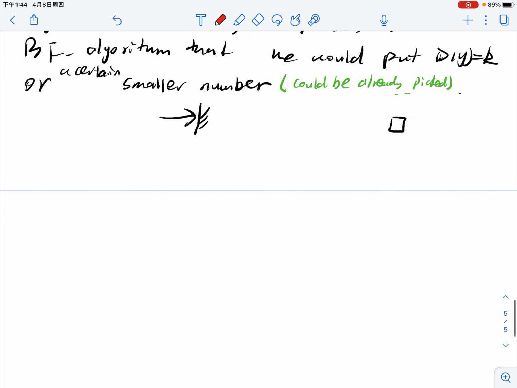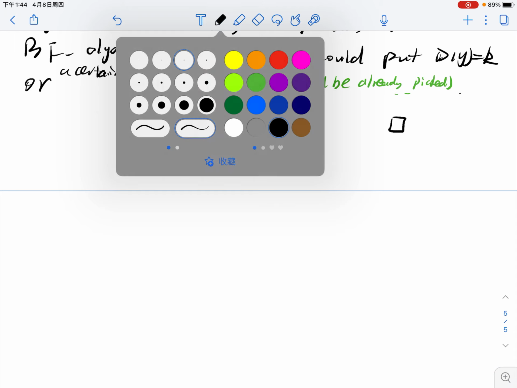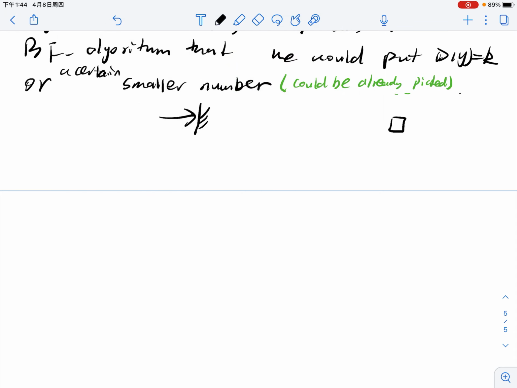Okay, then let's look at certain examples. So example 1. Each BFS. Note that in the intermediate step, probably you might have multiple choices. Therefore, even for the BF algorithm, you might have a lot of spanning trees generated from that.